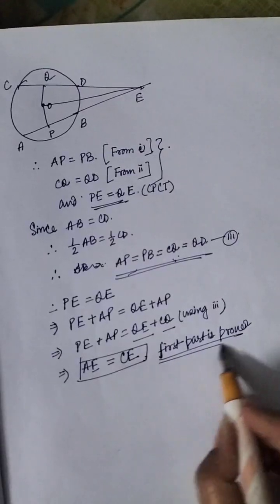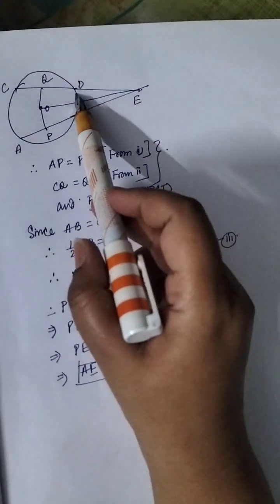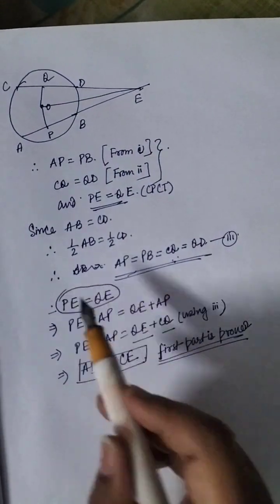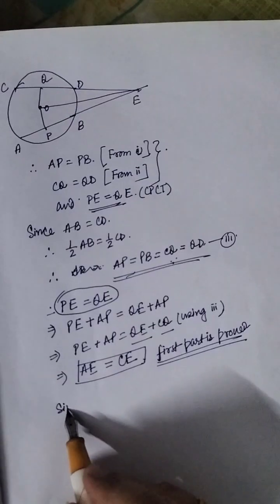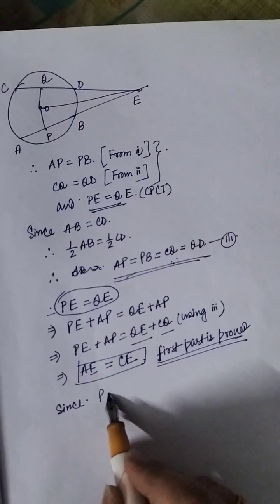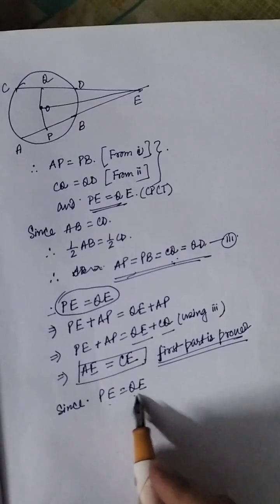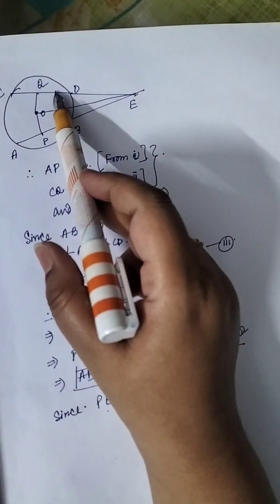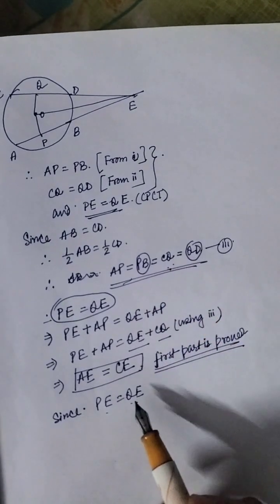Let's consider the second part. We have to show here that BE equals DE. So by the same way, using this condition, PE equals QE, we can show this. Since PE equals QE, from these two equal parts, PB and QD are subtracted because we know PB and QD are also equal in measurement.